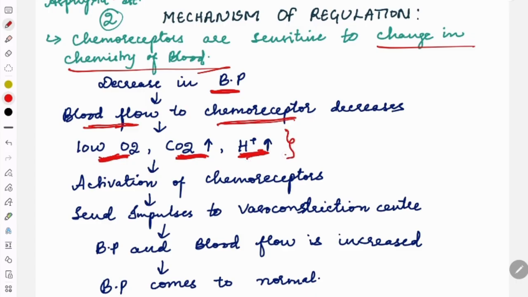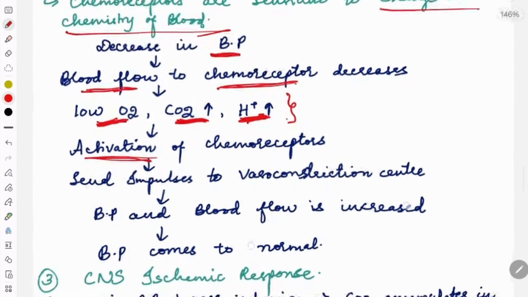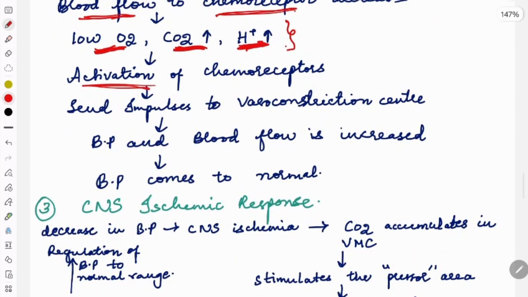This is the point where there is a change in the chemistry of the blood, and that is when the chemoreceptors get activated. What is the role of these activated chemoreceptors? They send impulses to the vasoconstriction center, and what will this center do?